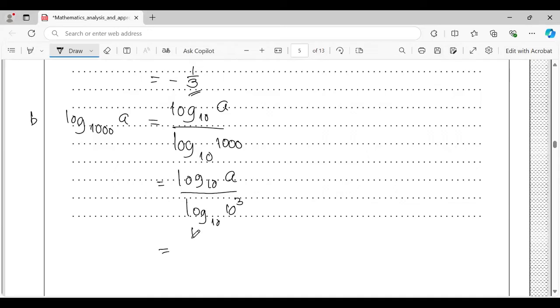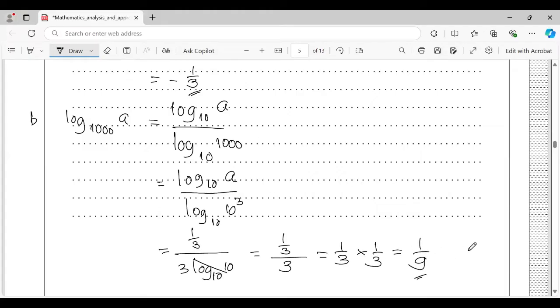It becomes 1 over 3 over 3 log 10 of 10. And it's going to be 1 over 3 over, this log is 1. So 3 times 1, 3. 1 over 3 multiply by 1 over 3. And the result is 1 over 9.